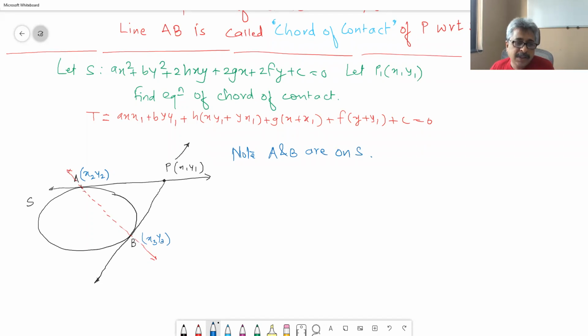Okay. So is this a tangent? Yeah, this is tangent 1. This is tangent 2. So what will be the equation of tangent 1?